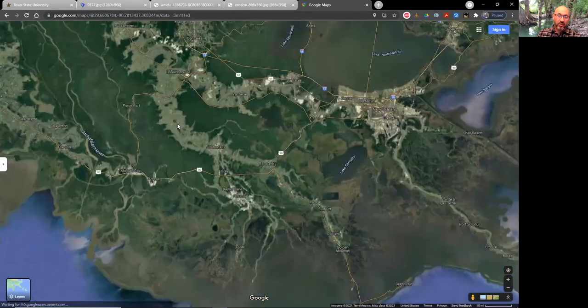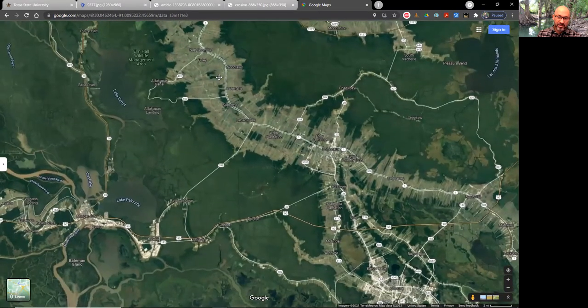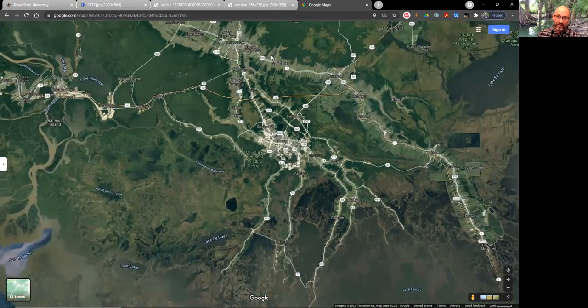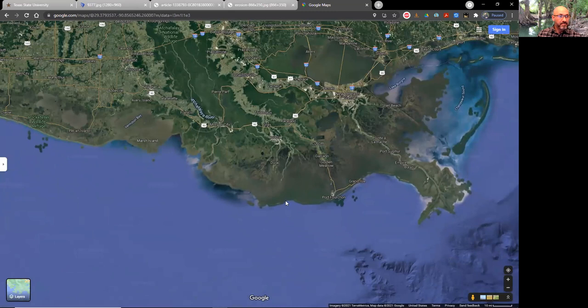And you can even see old stream channels that we still farm the heck out of. Right? The old Mississippi River channel used to come down here. And one time it went here, the other time it went there, and this used to be the Mississippi River Delta. And over time, the wave action of the Gulf has eroded it back to be a smoother curve.